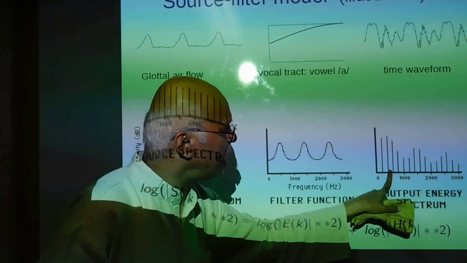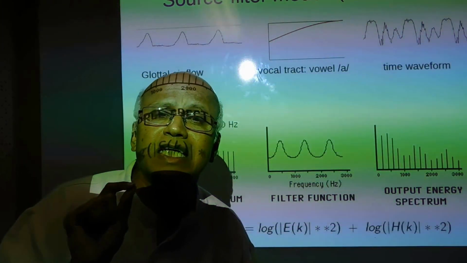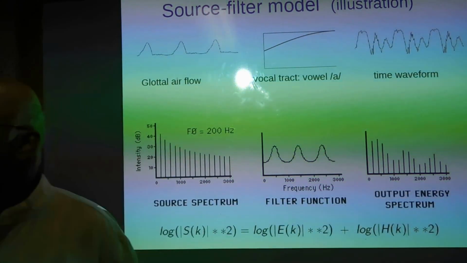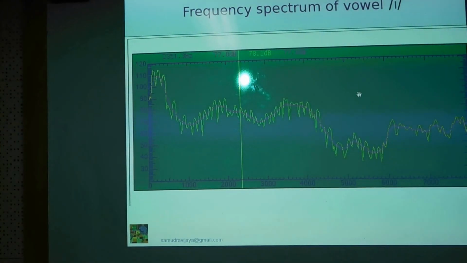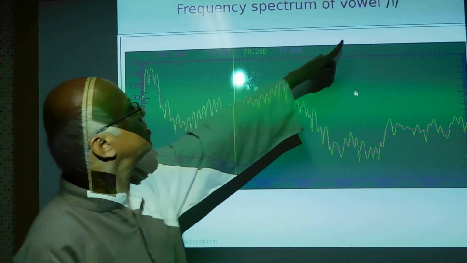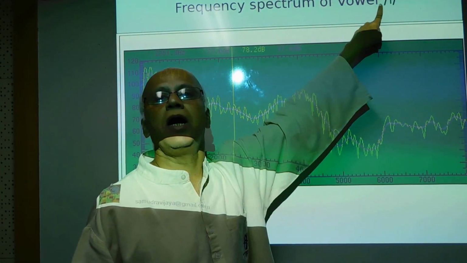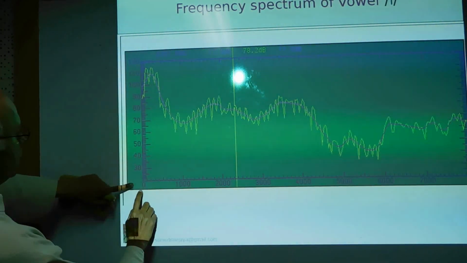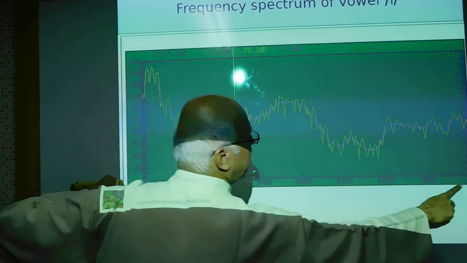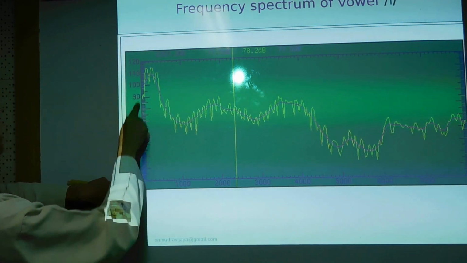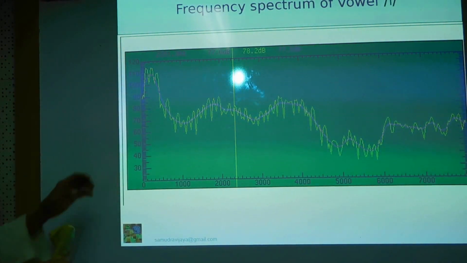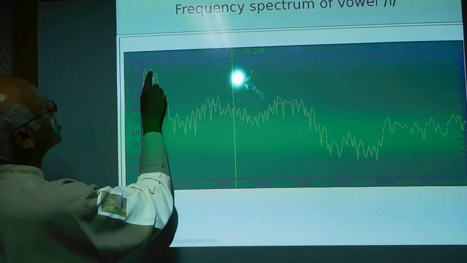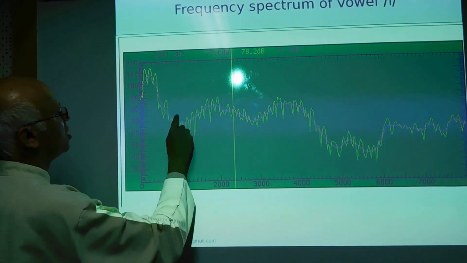Now let us look at the spectrum of a vowel to see whether the spectrum indeed appears like this. Here we are showing the spectrum of not the vowel A but the vowel E of the word Tiruva. Here's the spectrum from 0 to 8 kilohertz, 8000 hertz, and the power on the y-axis in decibel scale. What you see here is some smaller peaks which are due to the pitch harmonics.